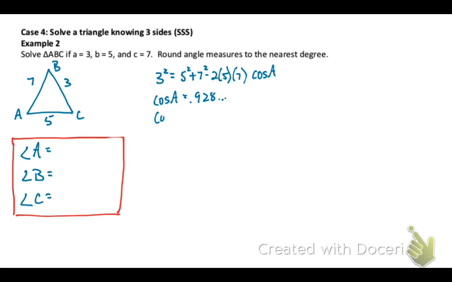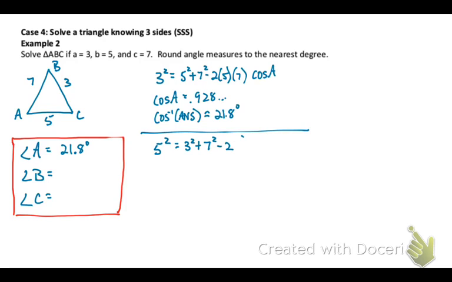Then use the inverse cosine, pull back that decimal, and so you can see that angle A is approximately 21.8 degrees. Let's do the same for angle B. Let's use the law of cosines. So we have to start with side B squared equals A squared plus C squared minus 2 times A times C times the cosine of the angle we're looking for, which is B. So now I'm subtracting my squared values over and dividing by that product.